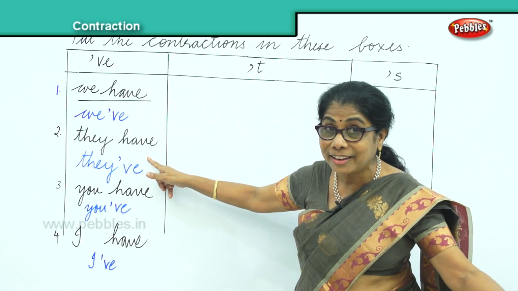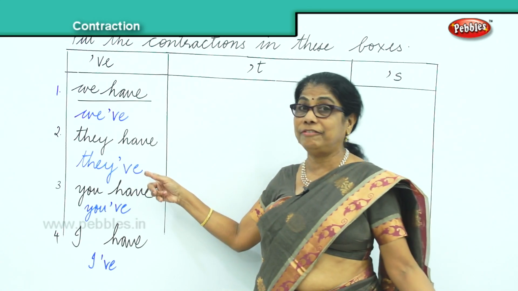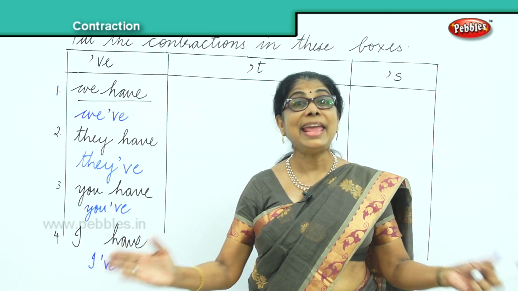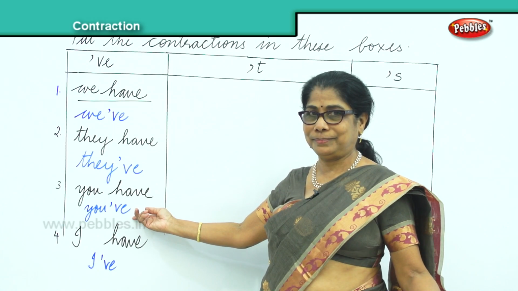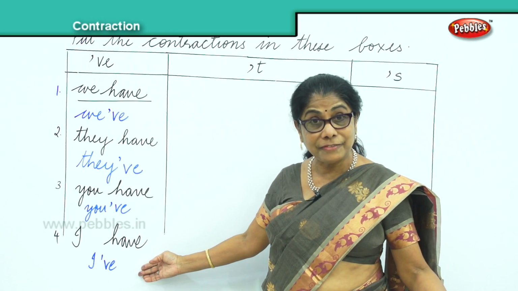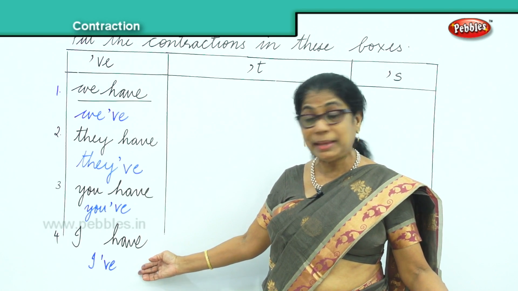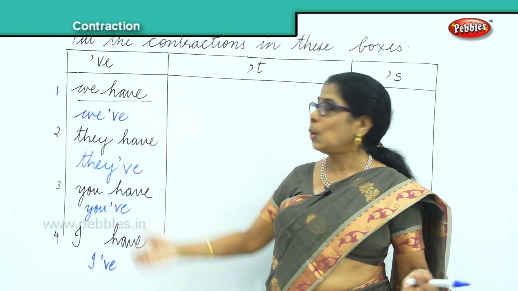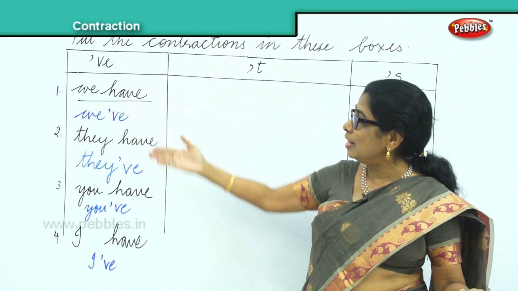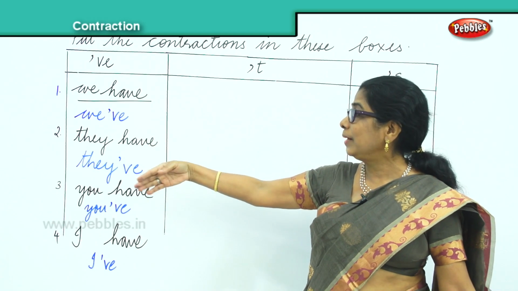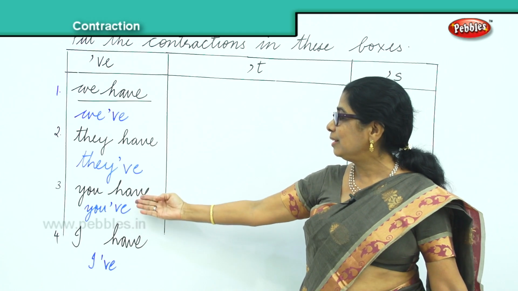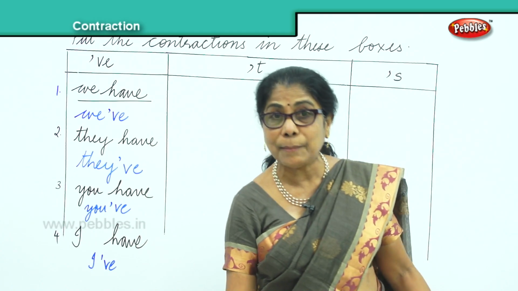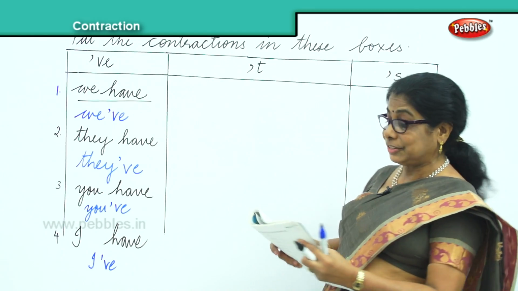They have arrived. They have, they've. Then you say, you have come late. You've come late. I have many pencils with me. I've. Now you see that? Learning to write the contraction: we have, we've. They have, they've. You have, you've. I have, I've.